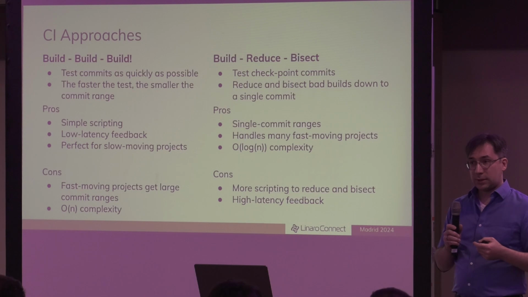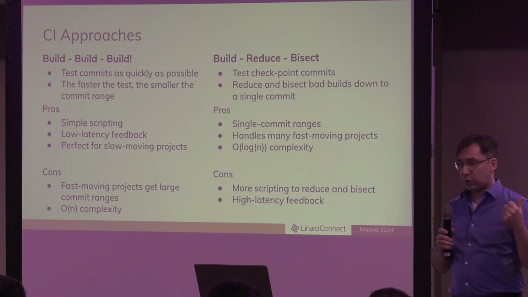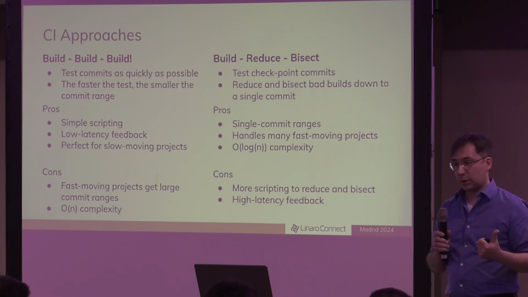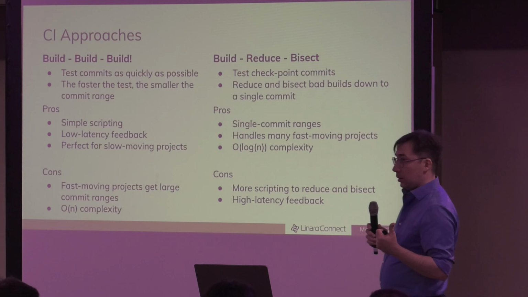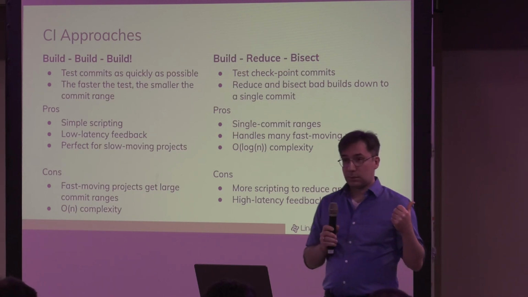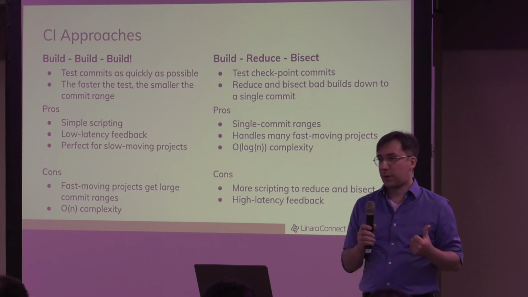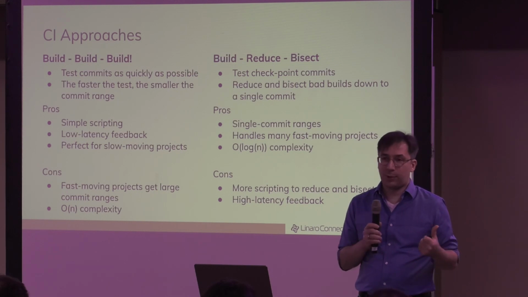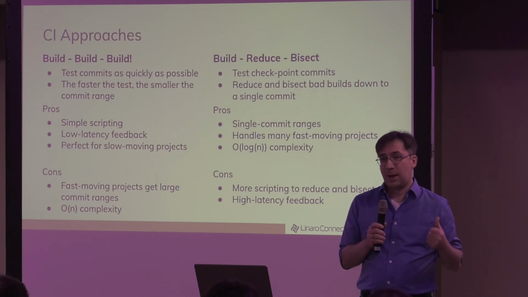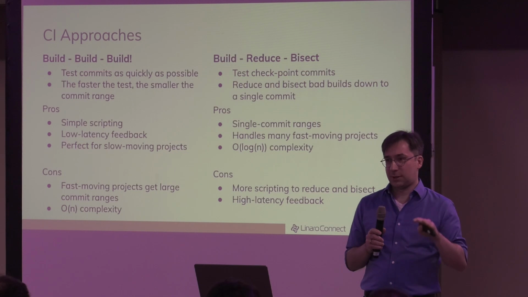It has some good benefits. It's usually simpler to code, and it fits very well for slow-moving projects when you have maybe 1 commit per hour or less than that. And many open source projects fit into that description.